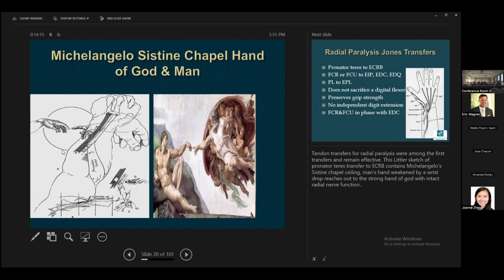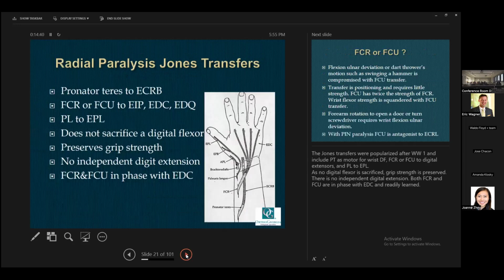But here he shows pronator teres to ECRB, basically taking the passive hand of man, and here's the hand of God. And the weak hand of man, as Michelangelo showed in the Sistine Chapel, demonstrated man's weakness with the radial paralysis and the wrist drop.